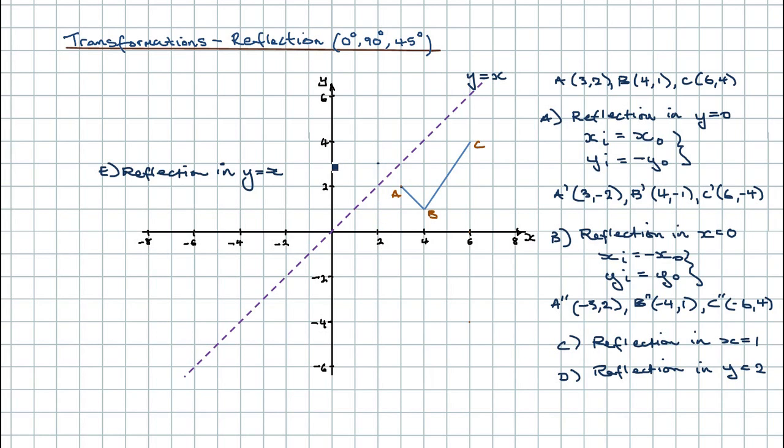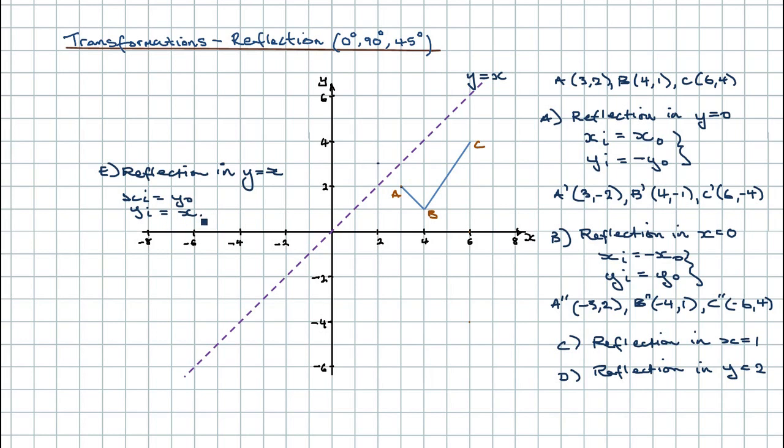And the y coordinate here, which is 2, has become the x coordinate, which is 2. So the rule here is very simple. A reflection in y equals x, the x coordinate of the image is the y coordinate of the object, whereas the y coordinate of the image is the x coordinate of the object.